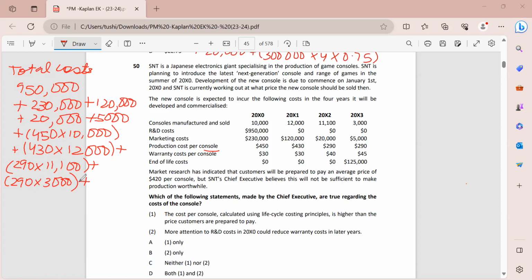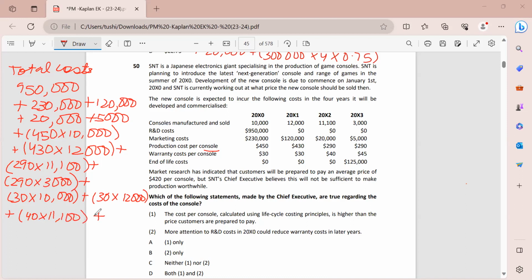Then we have warranty costs also given in per console terms. So 30 multiplied by 10,000 plus 30 multiplied by 12,000. Then again, I have $40 in third year, 11,100.